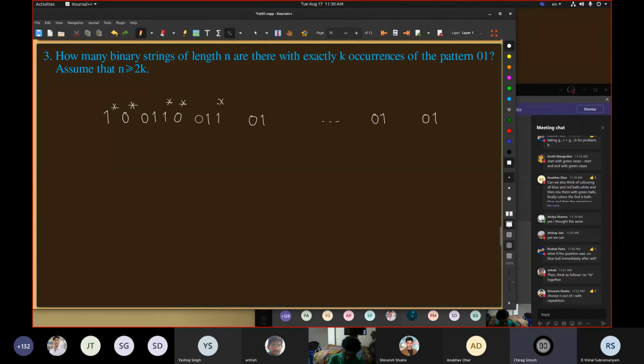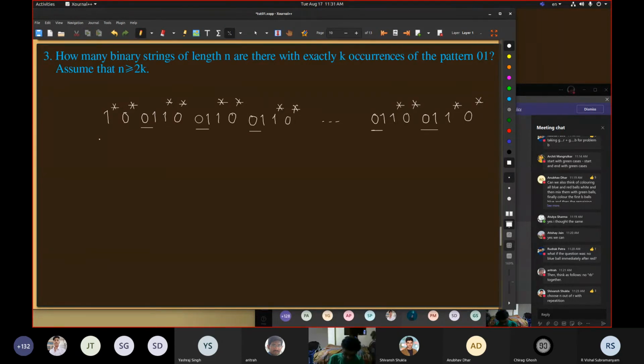Similarly, here I can have 1 star, 0 star, 1 star, 0 star, 1 star, 0 star, and at the end I also have 1 star, 0 star.